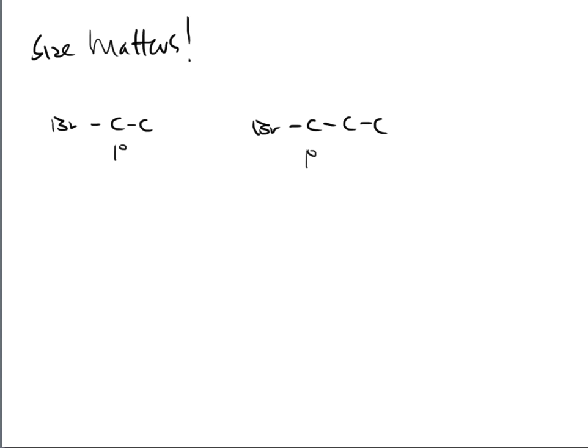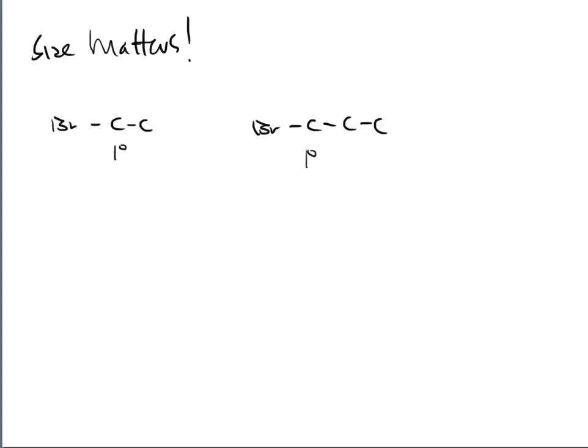In the last example, we saw branching happening closer to the bromo and branching happening later on down the road from the bromo. Well, there's no branching in either one of these cases. They're all straight streets all the way through. One street, house on one side, that's it. So I can't really use that as a guideline either to determine which one of these would happen faster than the others.